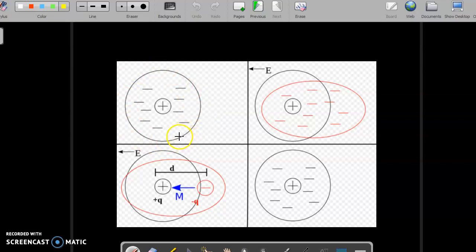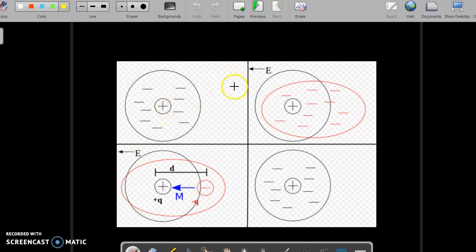The cloud represents the probability of electrons. You cannot exactly point out where the electron is located in the cloud. The circle represents the boundary of an atom. The cloud represents the negative charged particles, whereas the positive charge represents the nucleus.